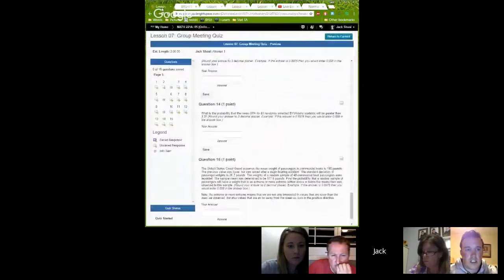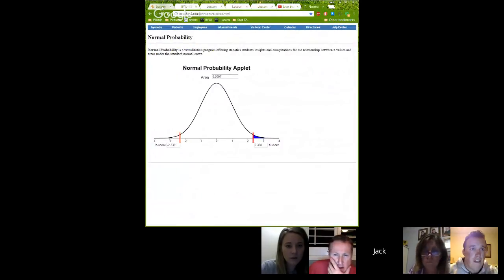And that would put the probability at 0.0051, I think. The z-score sounds right, I didn't check it yet. The probability sounds wrong. I got the area at the far left, 0.995 is what I got.